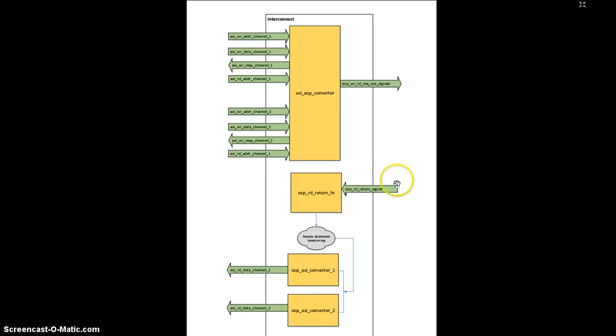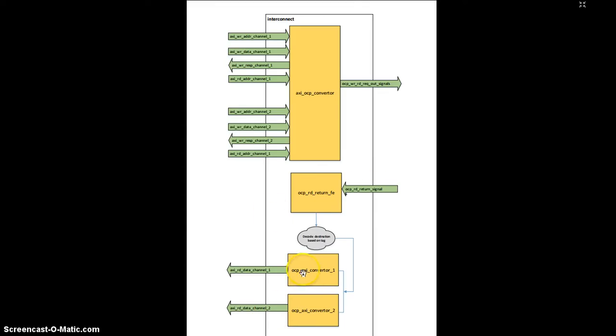Thus, whenever OCP is returning read data based on the tag, if the tag is anything between 0 to 7, it will be returned to AXI master 1. Otherwise, if the tag is between 8 to 15, then that read return data should be returned to AXI master 2.